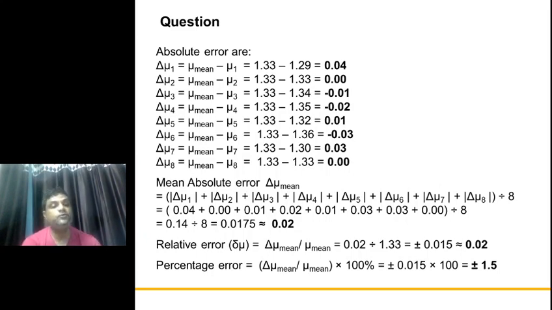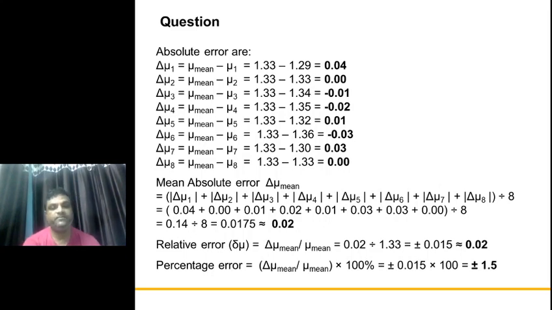Then the mean absolute error. Take the mod of each value and add them. That is called the mean absolute error. Here we need to be careful, because some readings are negative. If you directly add, some values become minus. So for the mean absolute error, we take the mod of each value and add them, or we ignore the minus sign and add them.